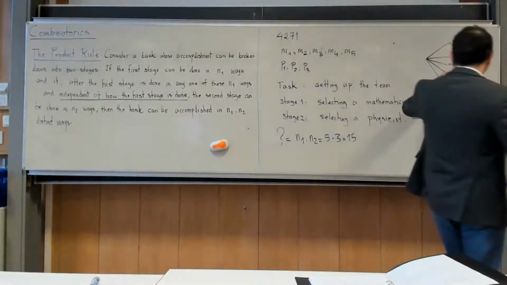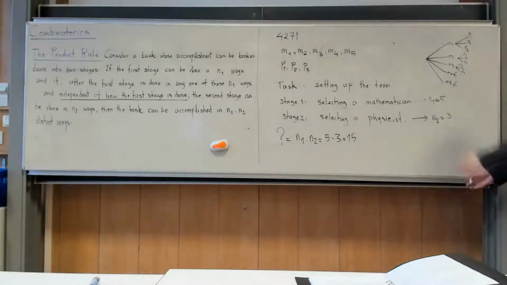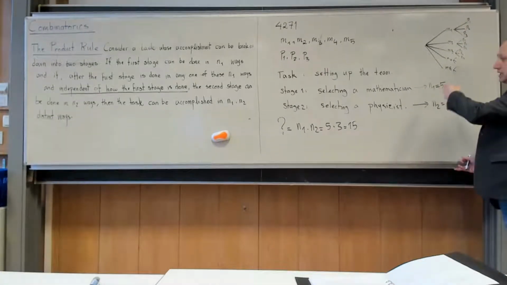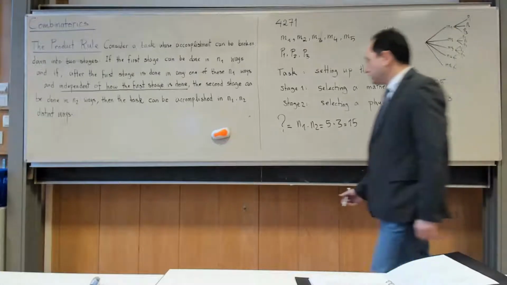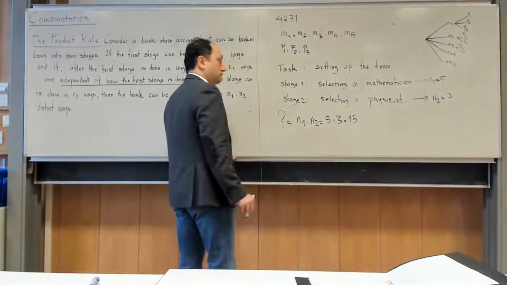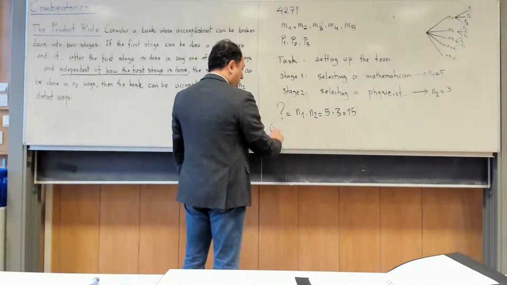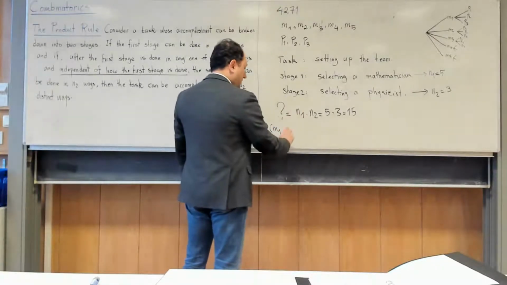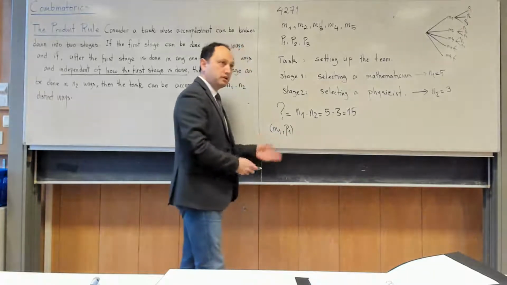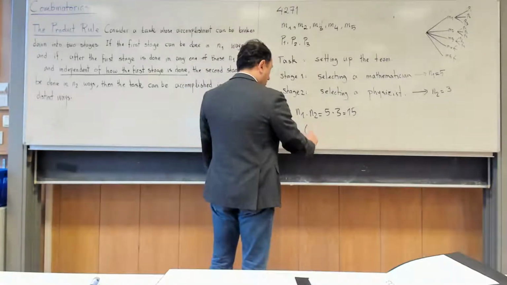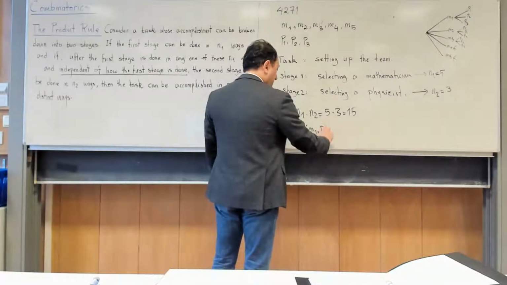So at the end of the day, if I want to list all possibilities of this team, how can I write this? For example, I choose mathematician 1 with physicist 1. This is one possibility. Or I choose mathematician 1 but physicist number 2.